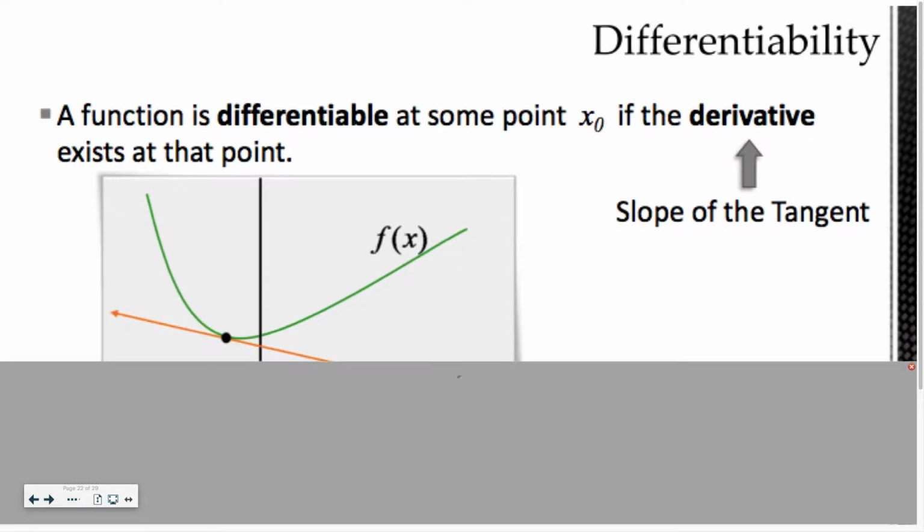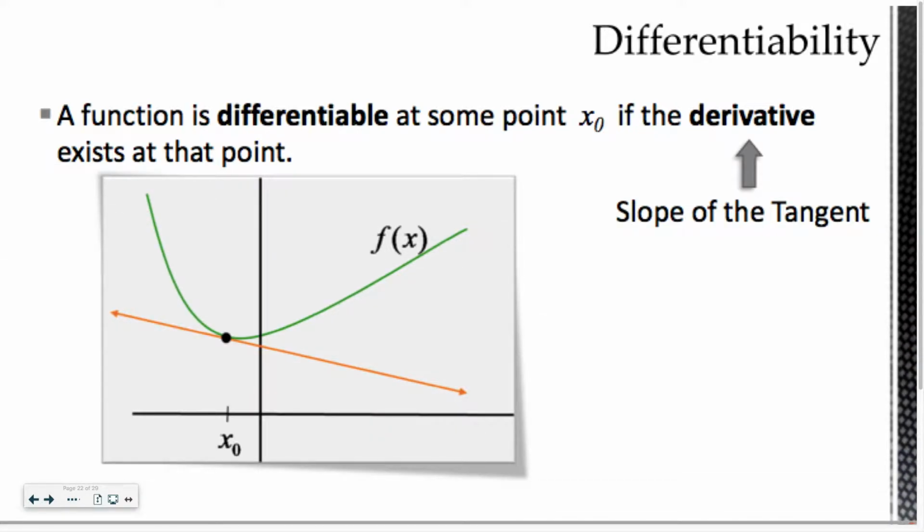That's a lot of syllables. A function is differentiable at a point if the derivative exists at a point. So as long as the derivative exists, we say that our function is differentiable there.